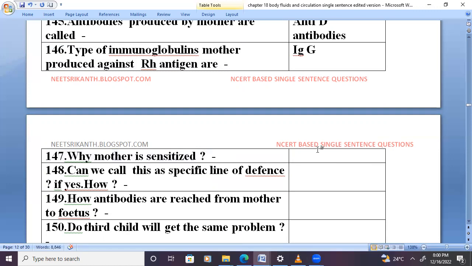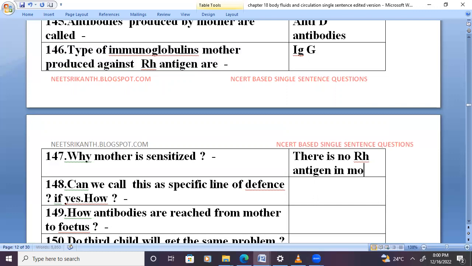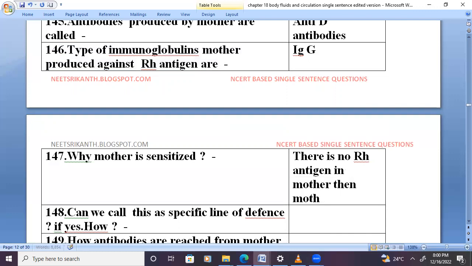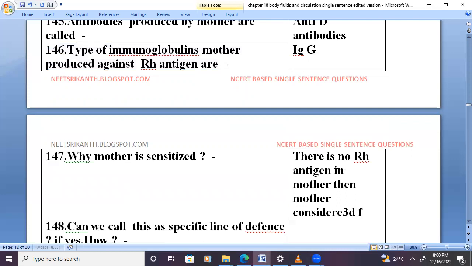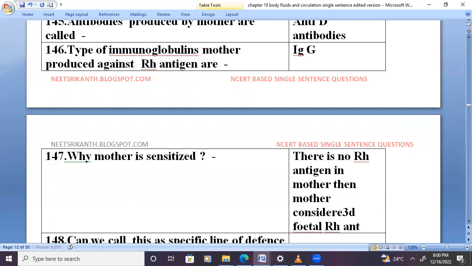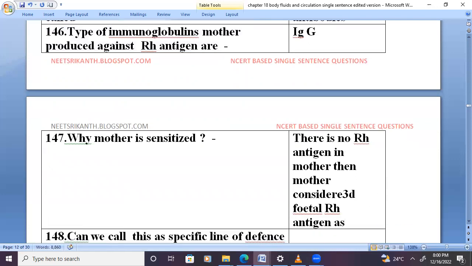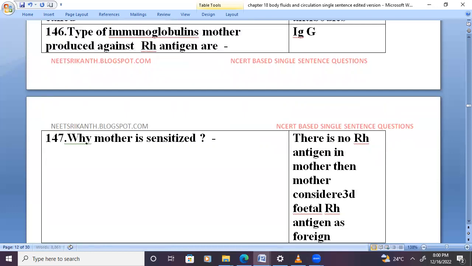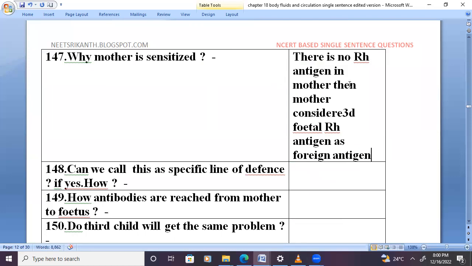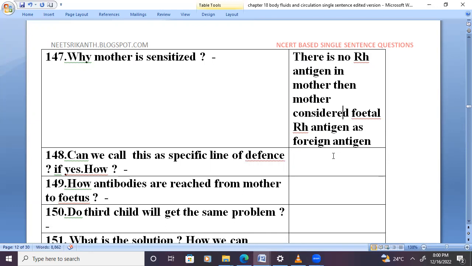Why is the mother sensitized? There is no Rh antigen in the mother, so the mother considers the fetal Rh antigen a foreign antigen.